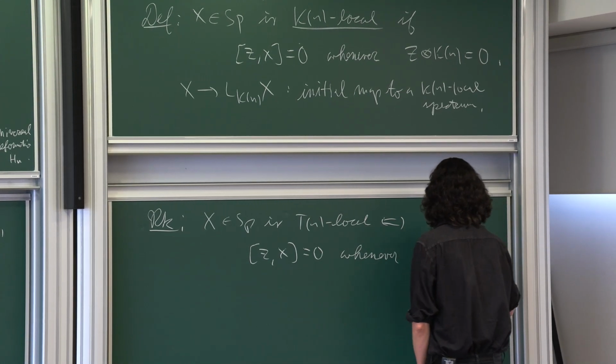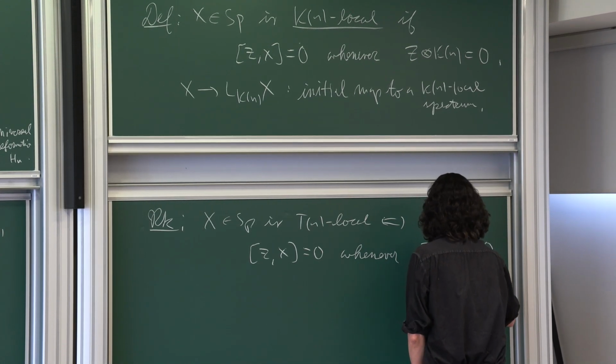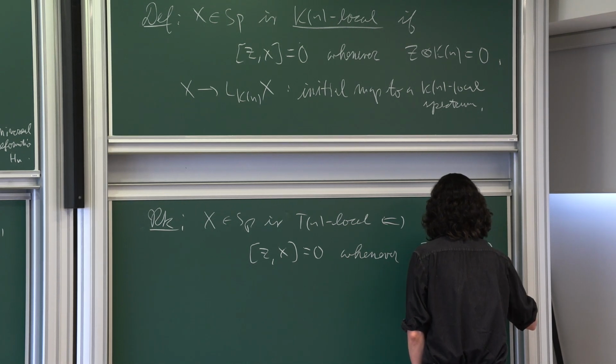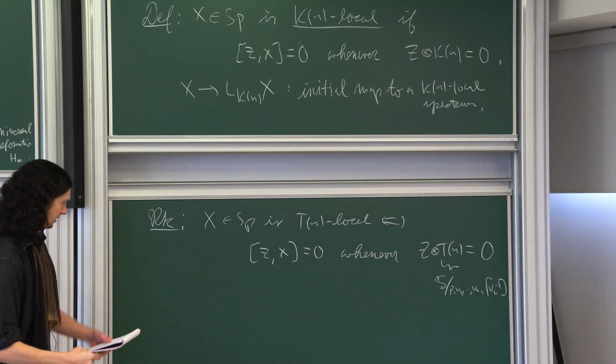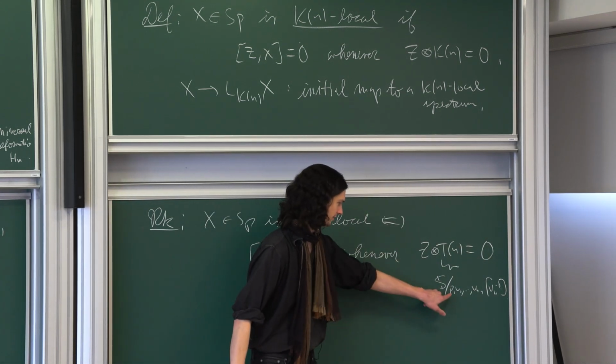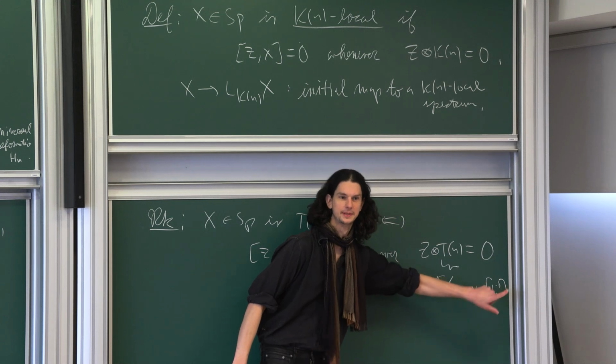Where Tn is the sphere mod P, V1, up to Vn minus 1, and then invert Vn. And this condition is independent of the choice of the self maps.